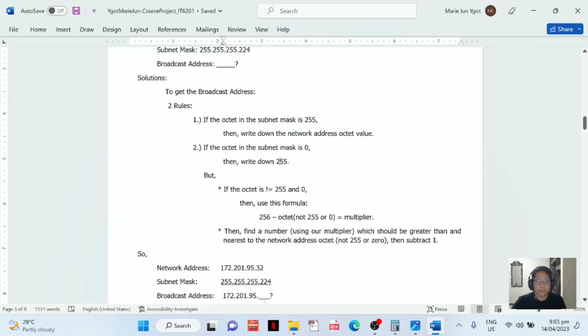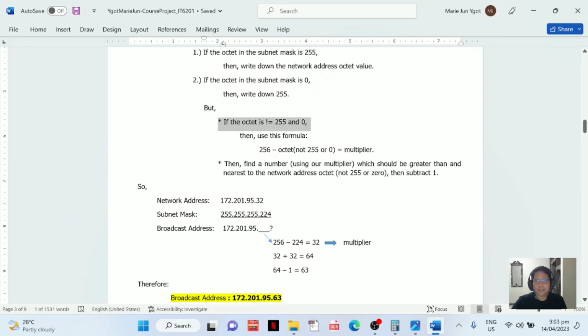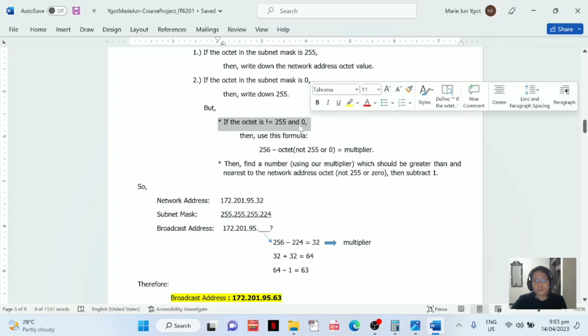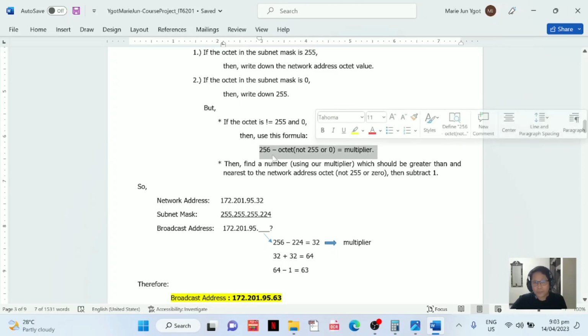But if the octet is not 255 or 0, then we use a formula: 256 minus the octet which is not 255 or 0 equals the multiplier. So we need to get a multiplier for this one.